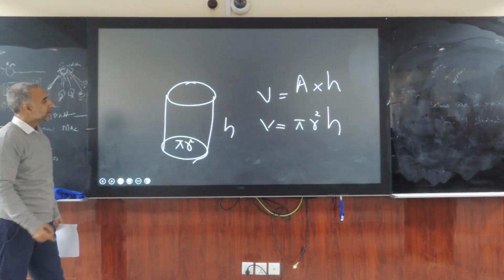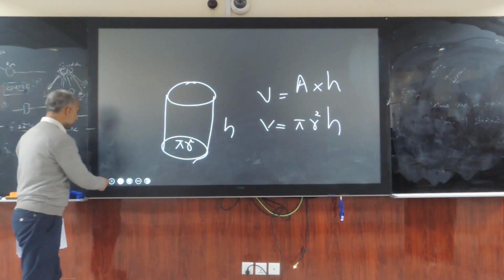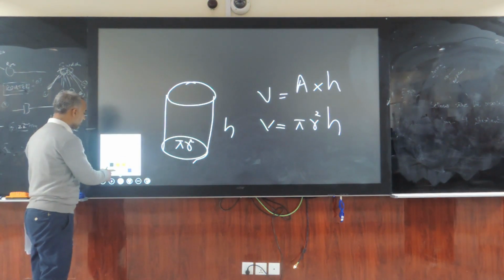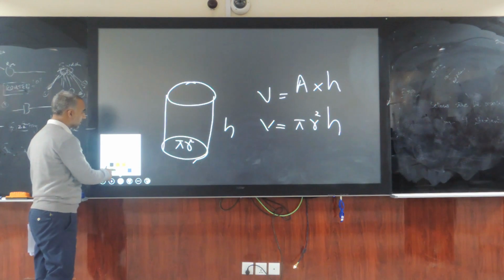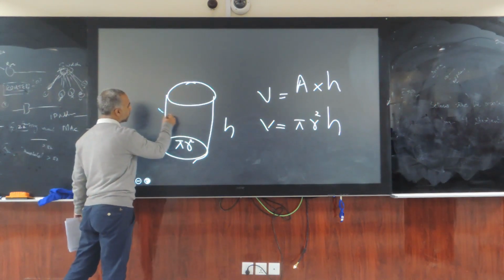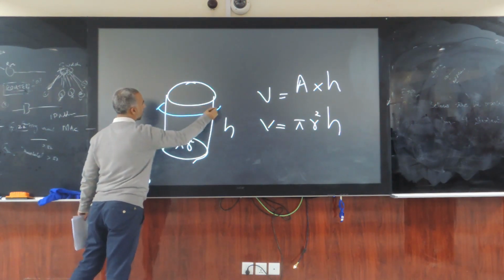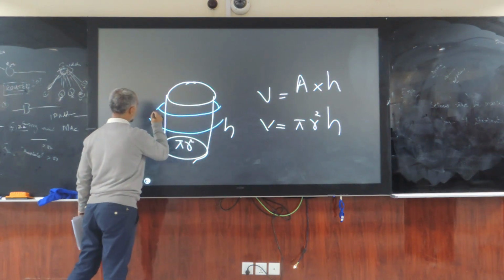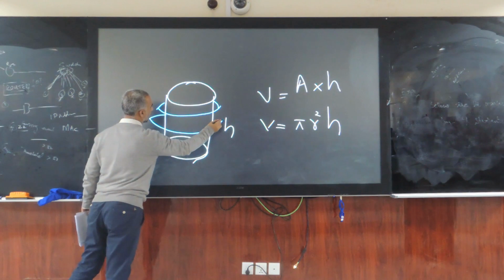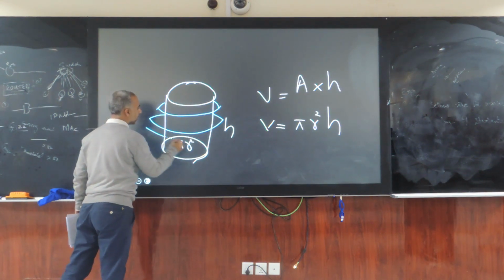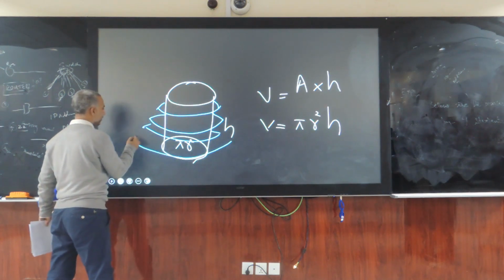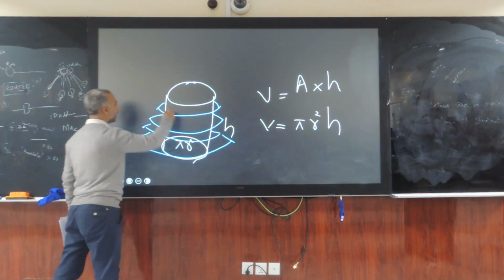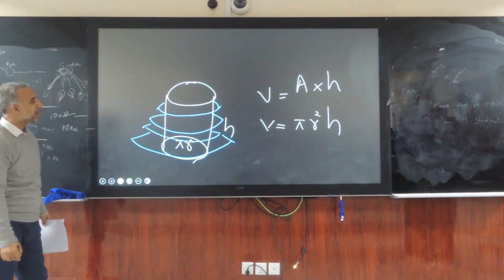So it's a cylinder, but the nature of this cylinder is gradually decreasing. For example, here in this case, we need to determine the volume.